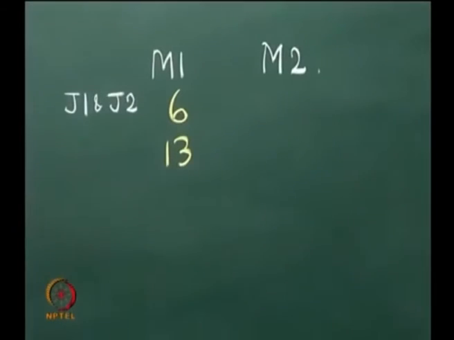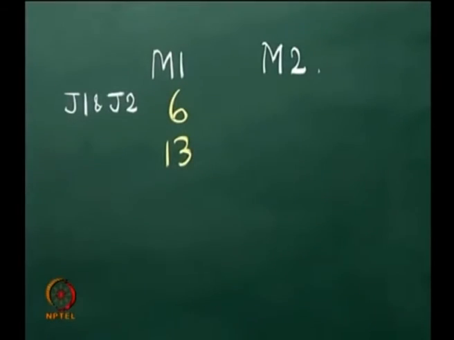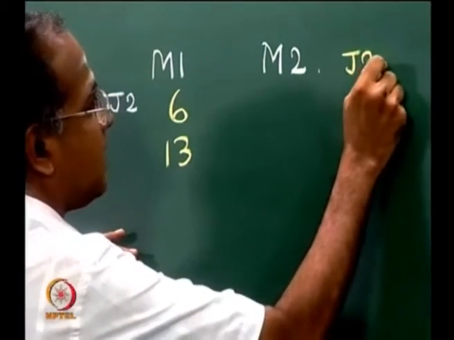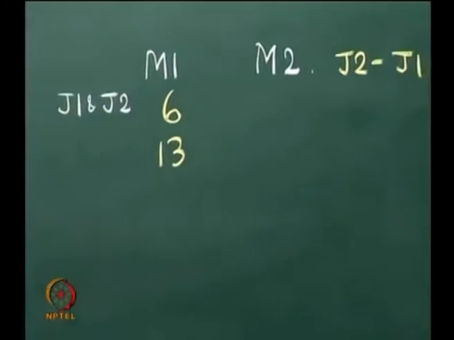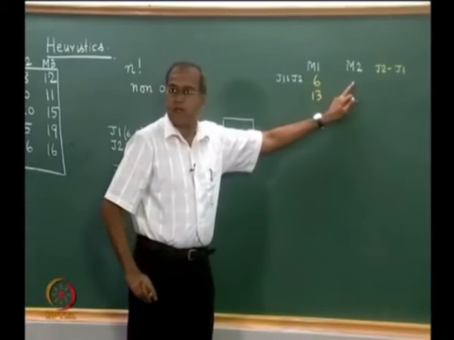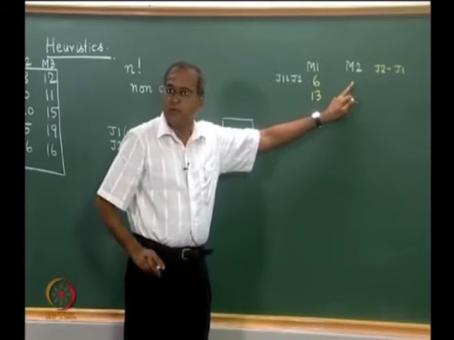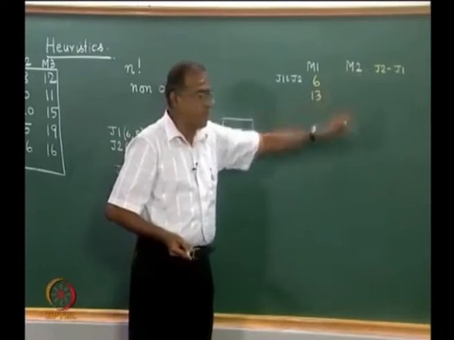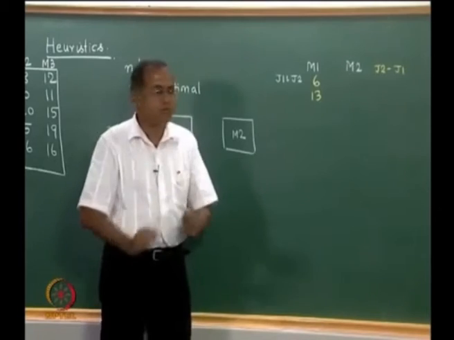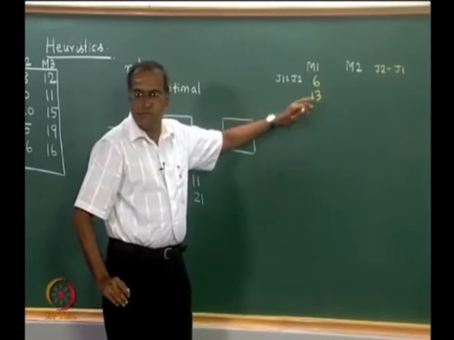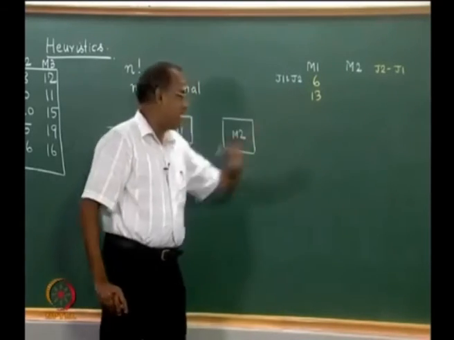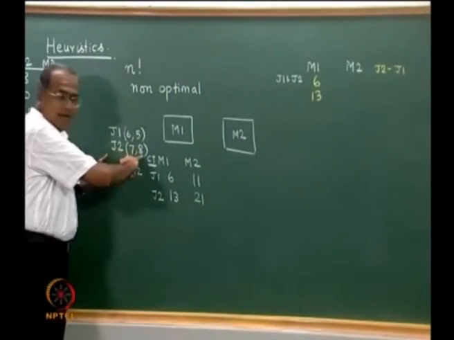Now, let us say on M2 the sequence is J2 followed by J1. This would mean that J1 will not immediately go to M2 even though M2 is free, because the sequence on M2 is J2 followed by J1. So M2 will wait for J2. J2 can access M2 at time equal to 13, and then requires another 8 units.